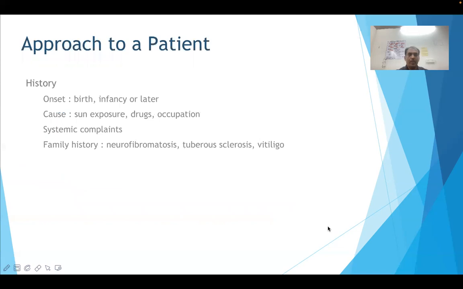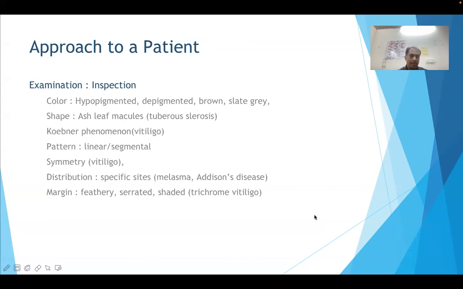When we see a patient with a pigmentary disorder, the most important part is the history: the onset, whether it is before birth, during birth, infancy or later, the cause, whether it is due to sun exposure, drugs or occupation, and other systemic complaints. How to approach a patient clinically now?